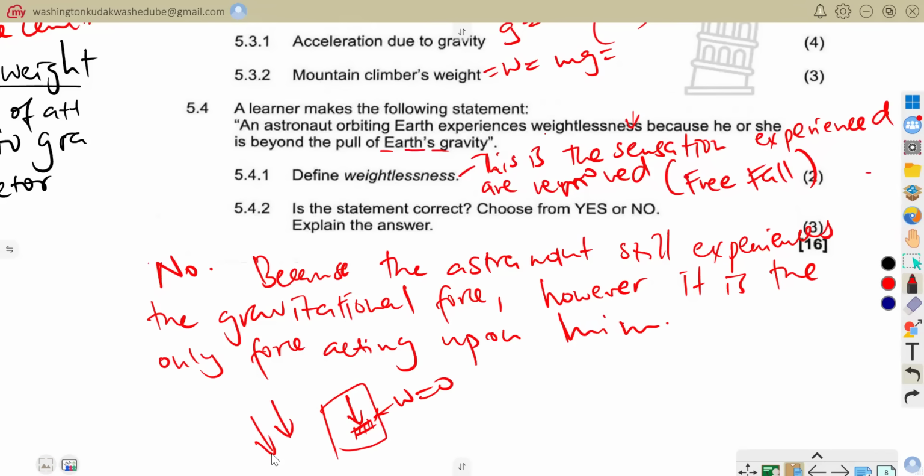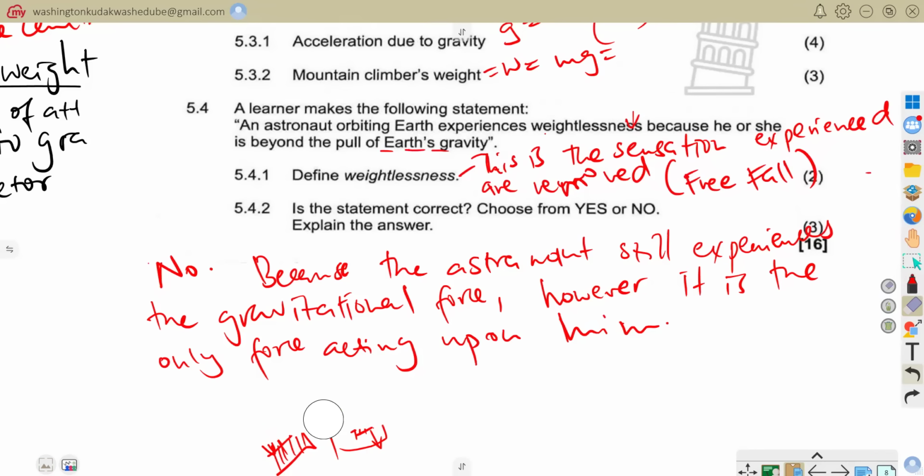So you won't be able to feel a sensational force due to the normal force which can be applied by this scale. So the only force acting would be gravitational force, acting on the same scale, same lift, as well as on you. That is what we refer to as weightlessness.